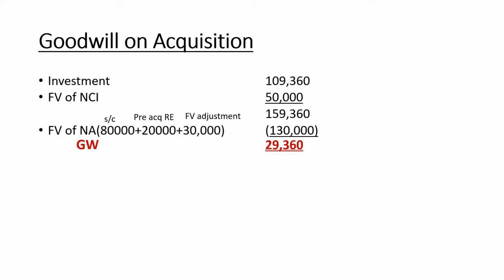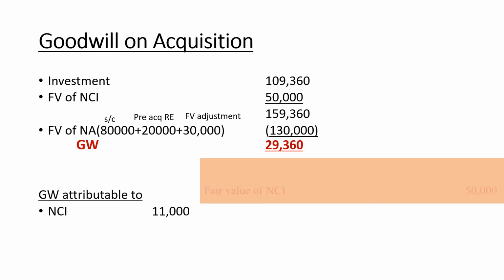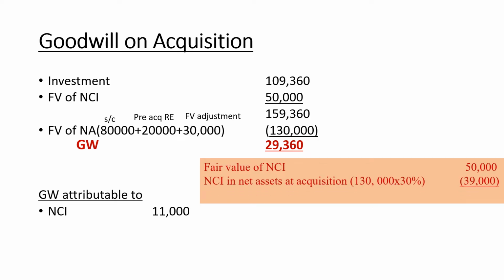Now you know that this goodwill belongs to both controlling interest and non-controlling interest. Therefore, we have to see what is attributable to the non-controlling interest. For that, first we are going to take the fair value of non-controlling interest, which is 50,000. Then from that, we have to deduct the non-controlling interest in net assets at acquisition.